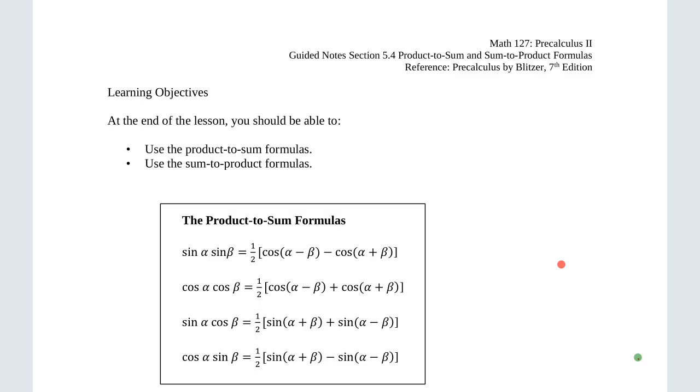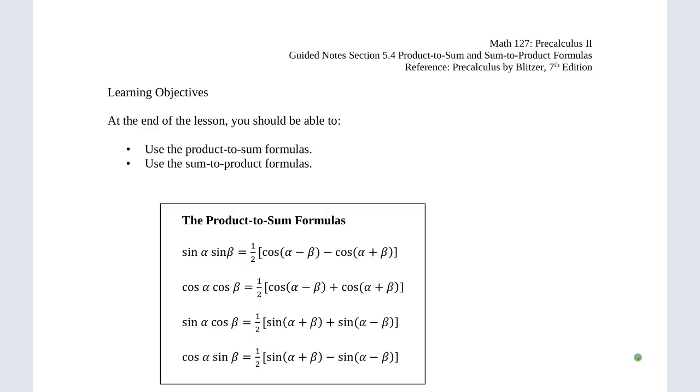However, you'll notice that the process is actually very systematic. Once you identify the two angles involved, the rest becomes substitution and simplification. By the end of this lesson, you should be able to use product-to-sum formulas and sum-to-product formulas to rewrite trigonometric expressions and then evaluate exact values.